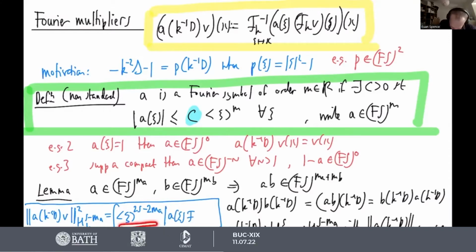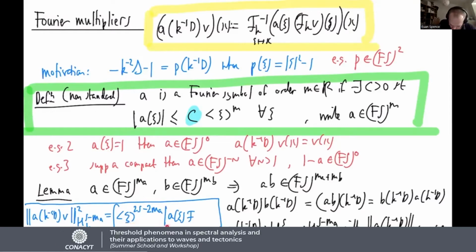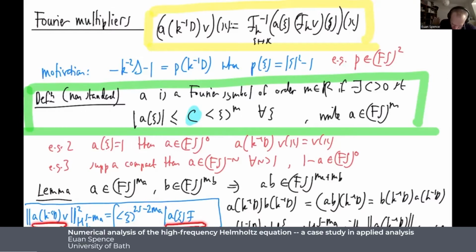Is this the correct power of psi? Then we want to put the Fourier transform of the thing that we're taking the norm of. The Fourier transform of this by the definition is then the product of a of psi, then the Fourier transform of v.